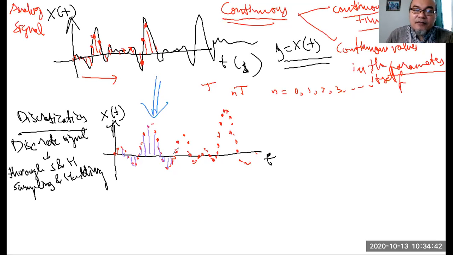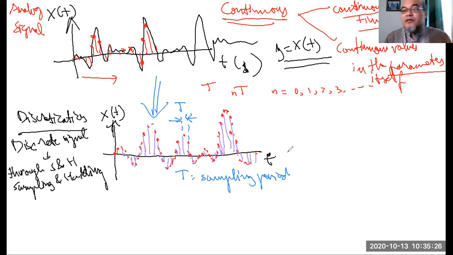So what about the value in between them? The value between them will be lost. So during the discretization in time, some value will be lost, especially the value between the two discretized values, the discretized period. Look here, this is the sampling period. T here, we call it the sampling period.